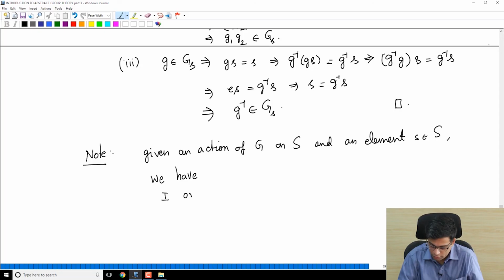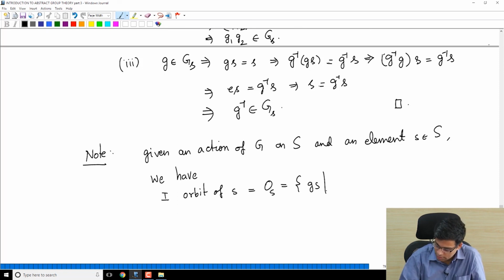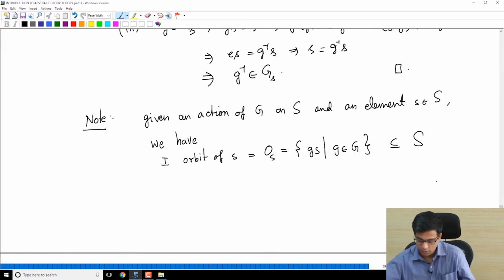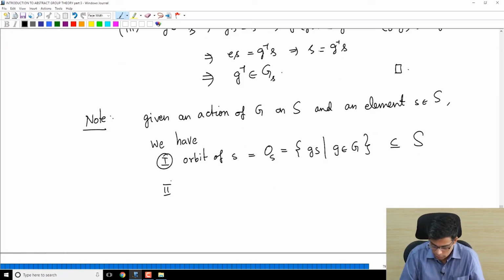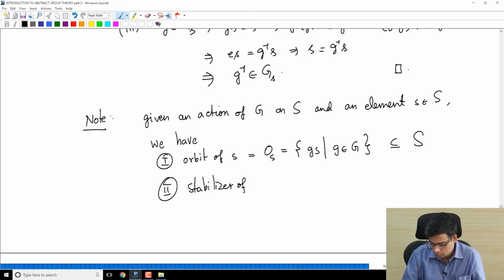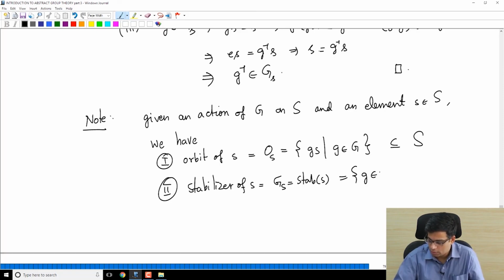We have the orbit of s, which we denote by O_s, which is all g s as g varies over G. This is inside S obviously, and we have the stabilizer of s that I sometimes denote by G sub s, sometimes by Stab s. This is all g in G such that g s is equal to s. This is a subgroup of G.